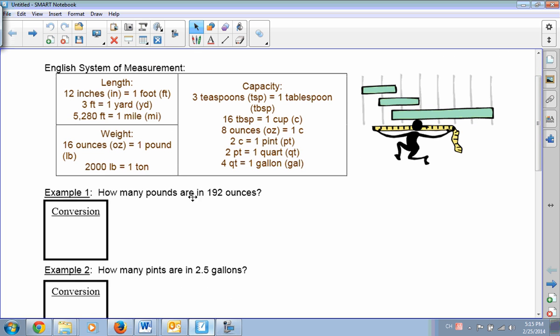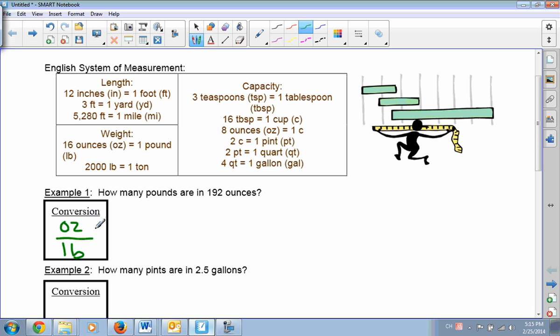How many pounds are in 192 ounces? The first thing we're going to do is figure out what we're converting between. We have 192 ounces, so we're going to start with ounces, and we need to convert to pounds, which is LB.